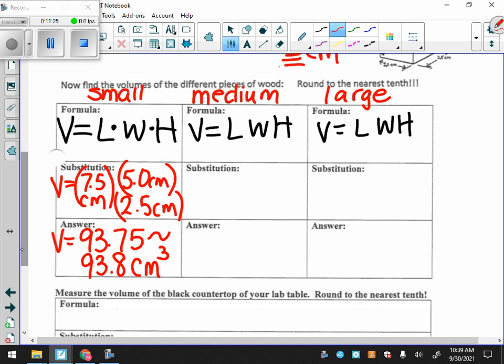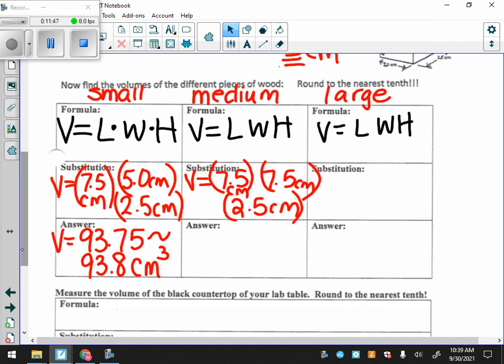Let's measure the second. Pause this if you need time. Okay, the second block. The length is 7.5 centimeters. The width is 7.5 centimeters. But the height of this block is still 2.5. They were cut from the same piece of wood.